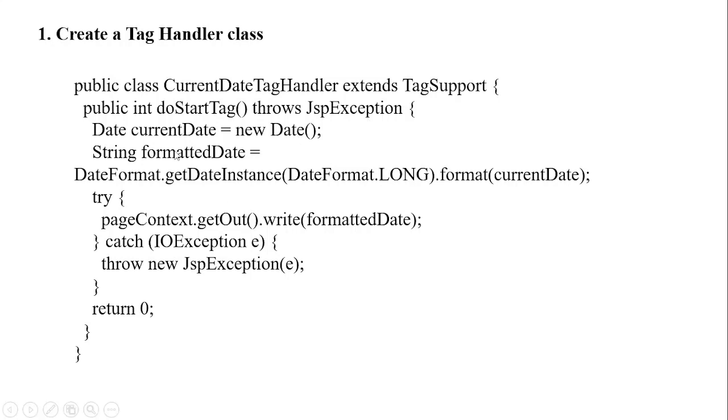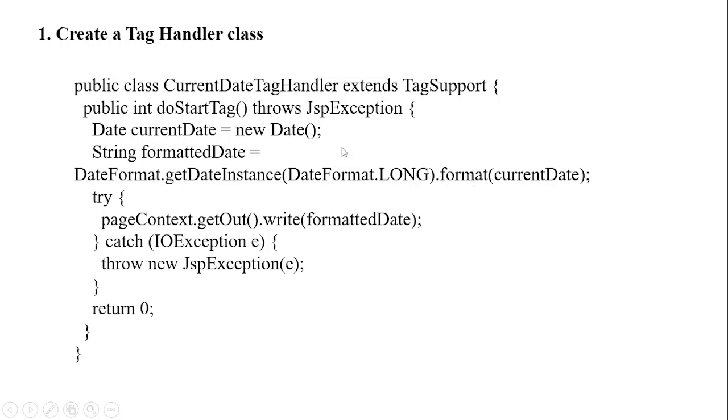And see, in this program we are just creating an object of the Date class. After creating the object of the Date class, a formattedDate string variable will be created, and in this string we use Date class methods. So we use DateFormat.getDateInstance and DateFormat.LONG format of the current date.